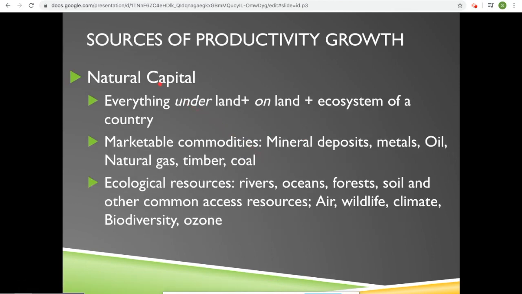Okay, natural capital is everything under land plus everything on land plus the ecosystem of a country, which includes marketable commodities like mineral deposits, metals, oils, natural gas, timber, coal. If you think about it, many of the countries like United States, African countries, India, there are lots of developed countries, but also more so developing and underdeveloped countries or LEDCs that have a lot of marketable commodities.